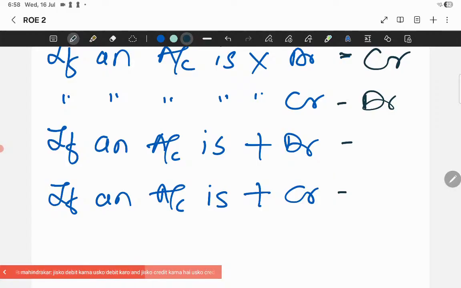When you give excess debit, in order to credit whatever excess you have given, you credit that. And if you have given excess credit, in order to bring it back, that excess part has to be debited.